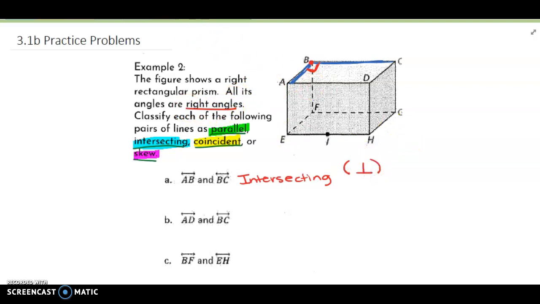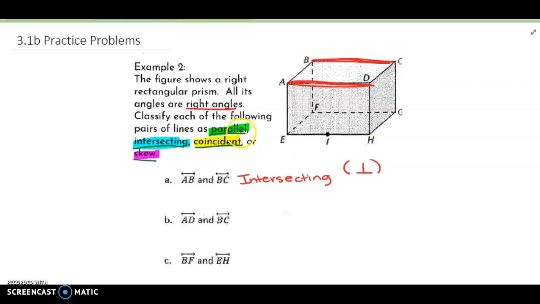All right, so let's look at B now. Part B, we want lines AD, which is this line right here, and BC, which is this line right here. Well, if we look at these, they will never, ever intersect. So that tells us that we've narrowed it down to either parallel lines or skew lines.